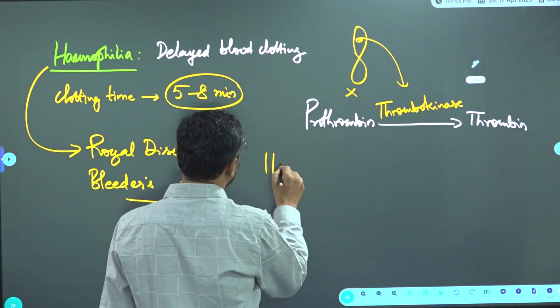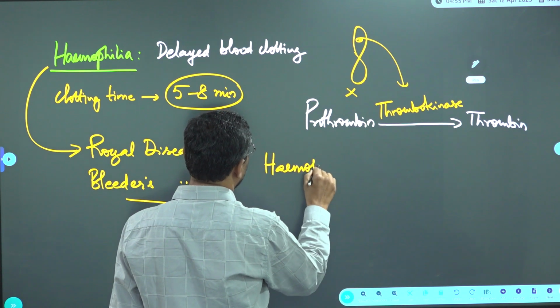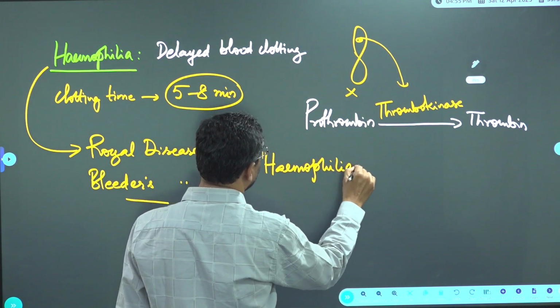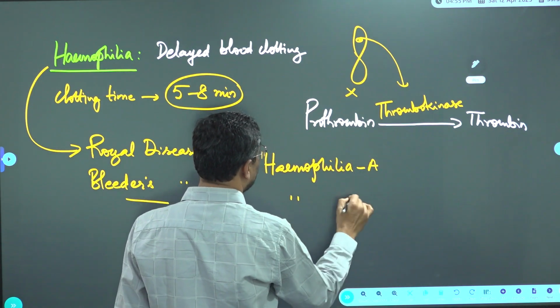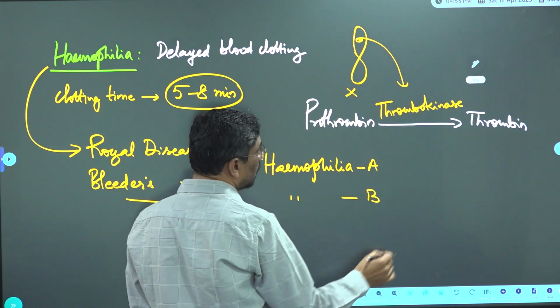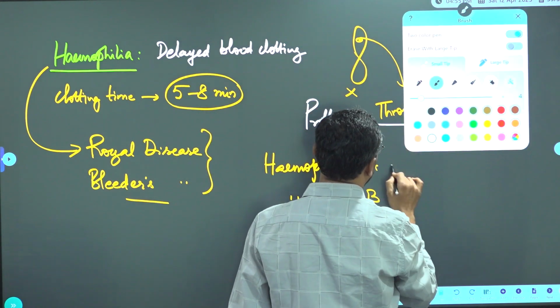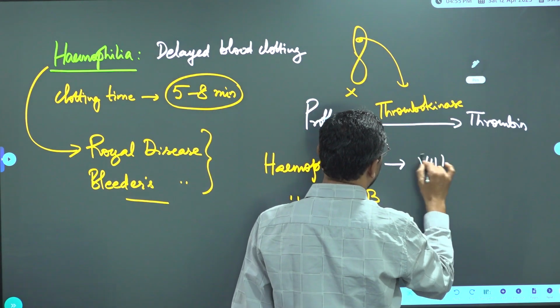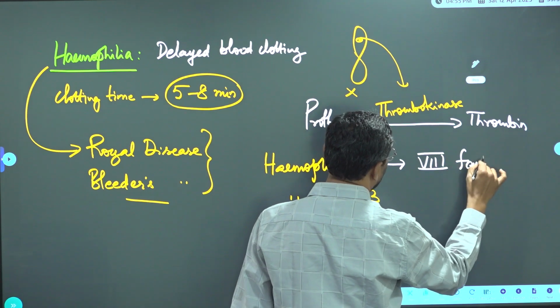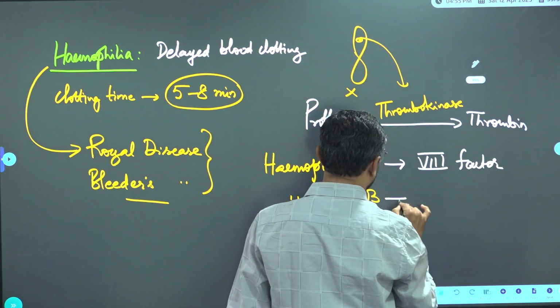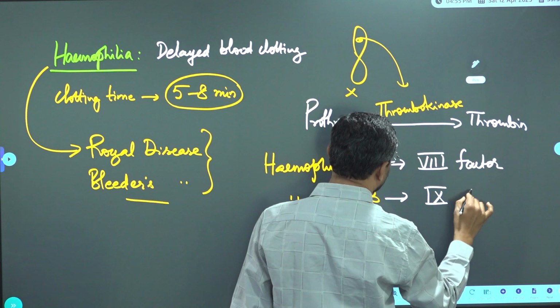And here there are two types of hemophilias. Hemophilia A and hemophilia B. Hemophilia A is because of abnormality of 8th factor. Hemophilia B is because of 9th factor.